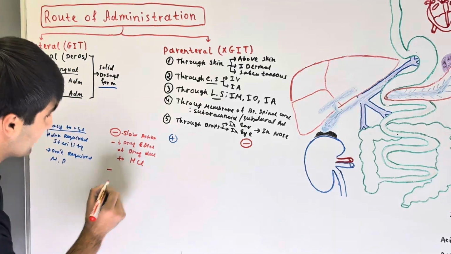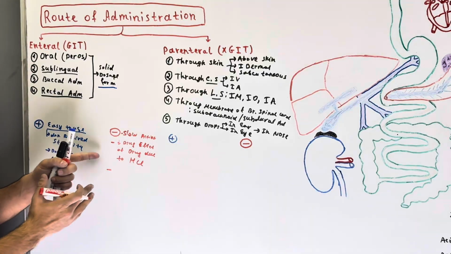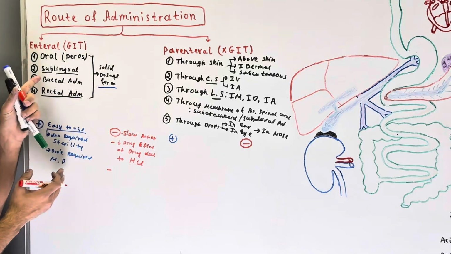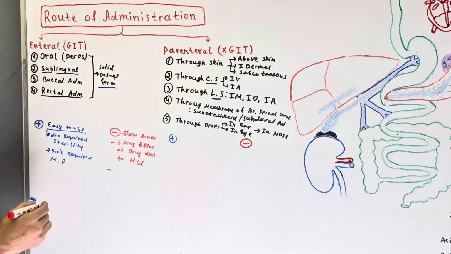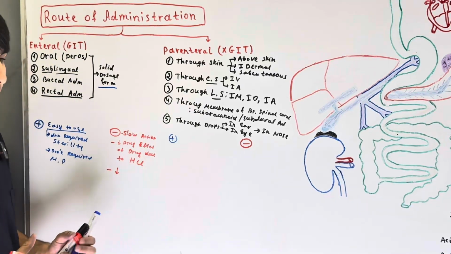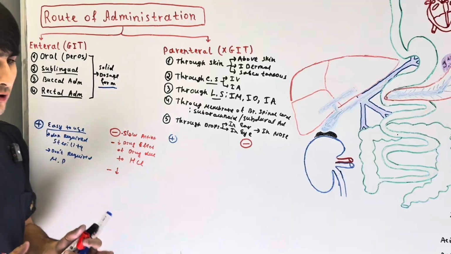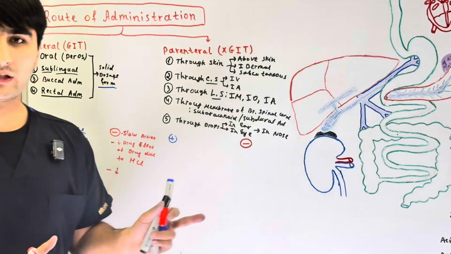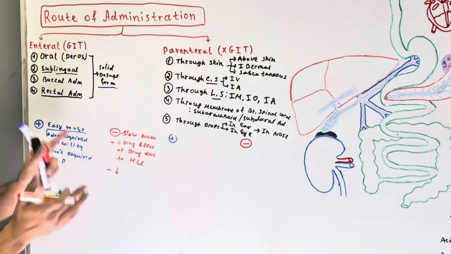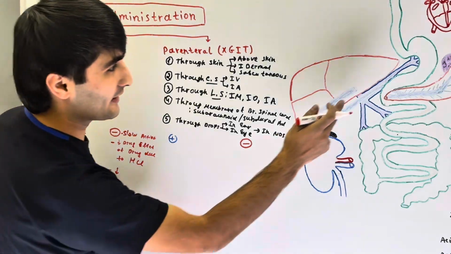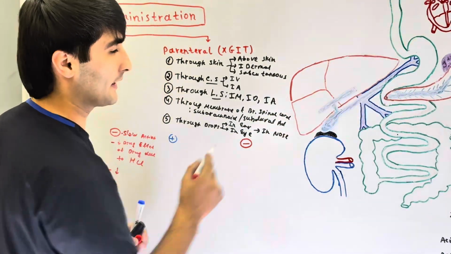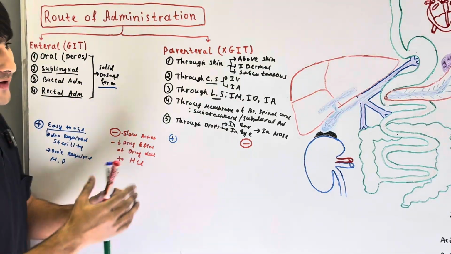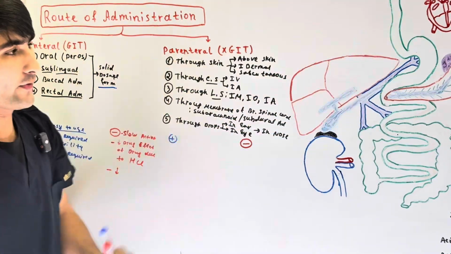The last one is also a negative side of enteral administration. During vomiting, the effects of the drug decrease. Why? Because during vomiting the gastric content goes out through the mouth. If the gastric content goes out, the drug, which is placed in the gastric content, can also go out with it.